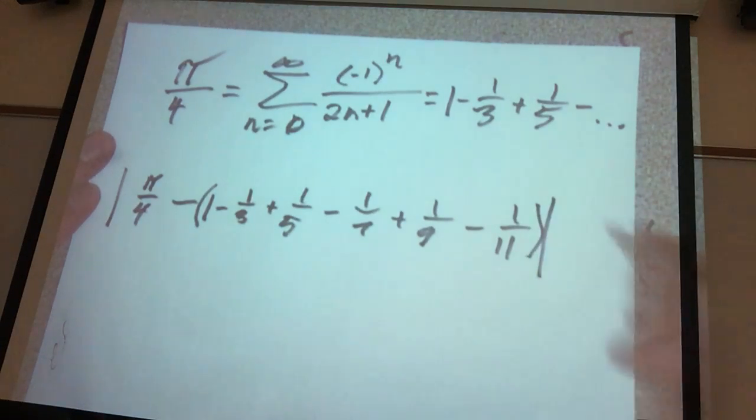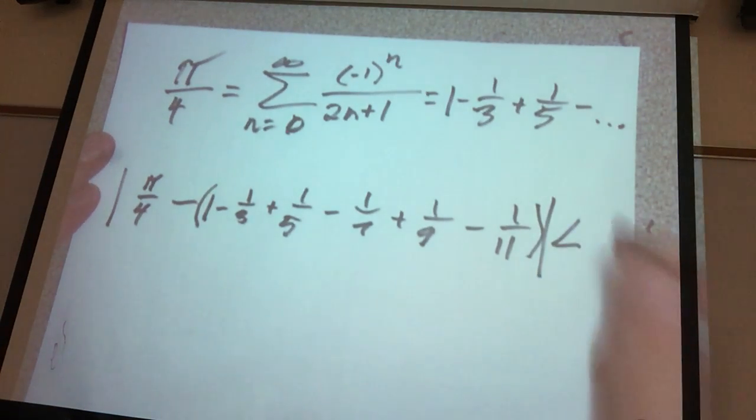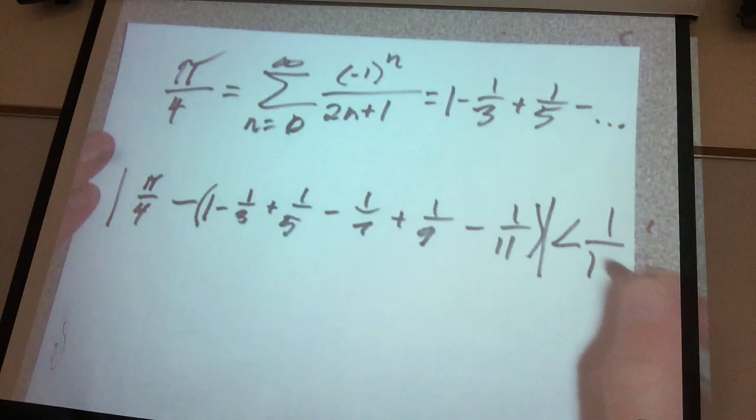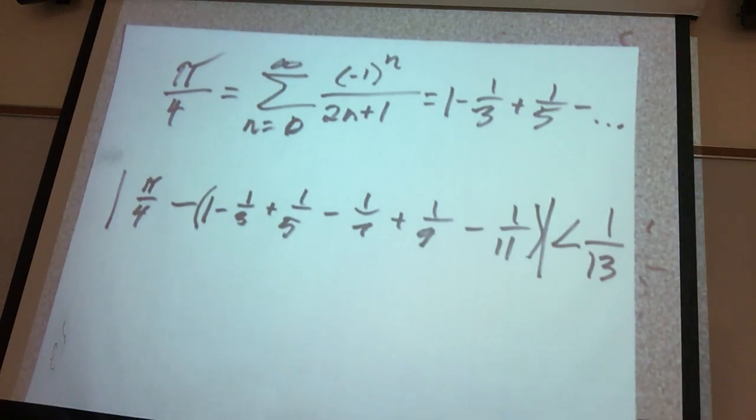Okay. What would this be less than? 1 divided by 13. Okay. If you went all the way out to 1 divided by 99, what is your boundary going to be? It's going to be 1 over 101.